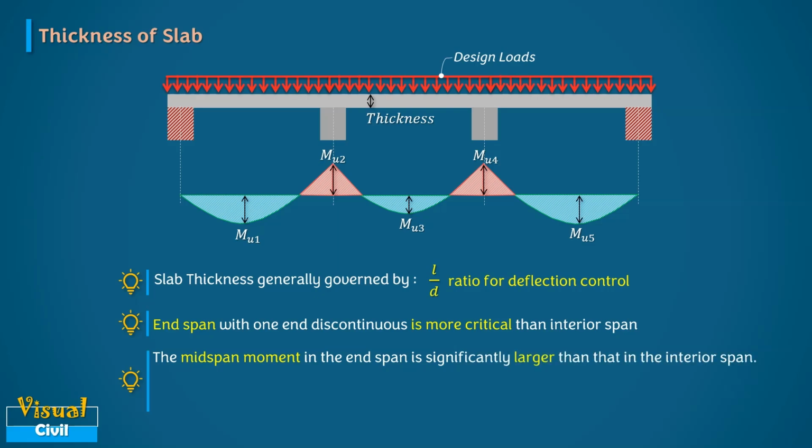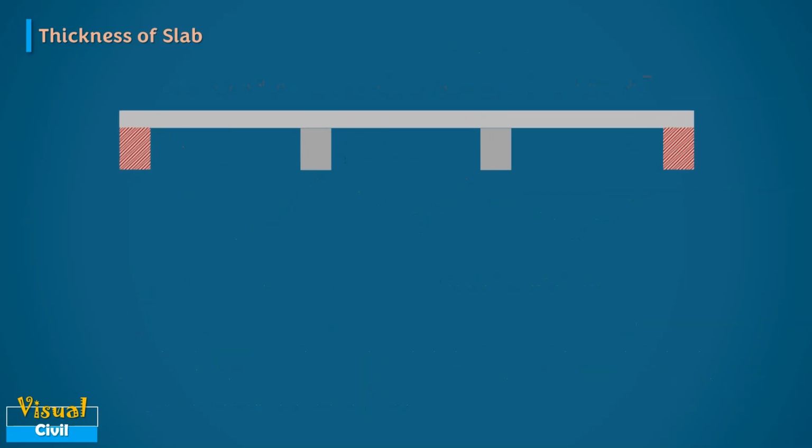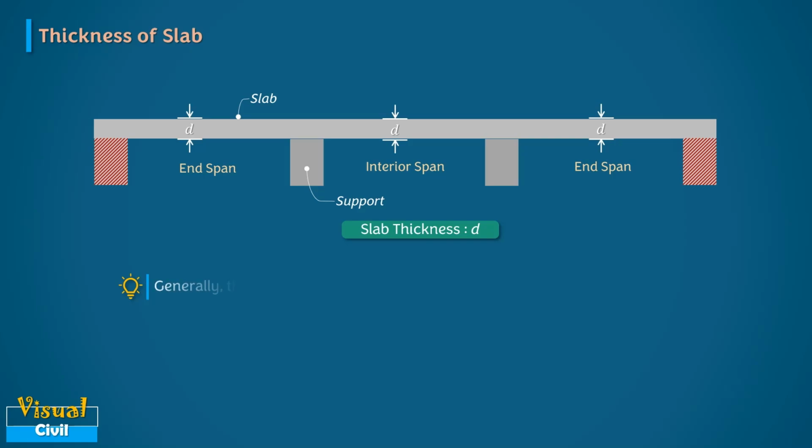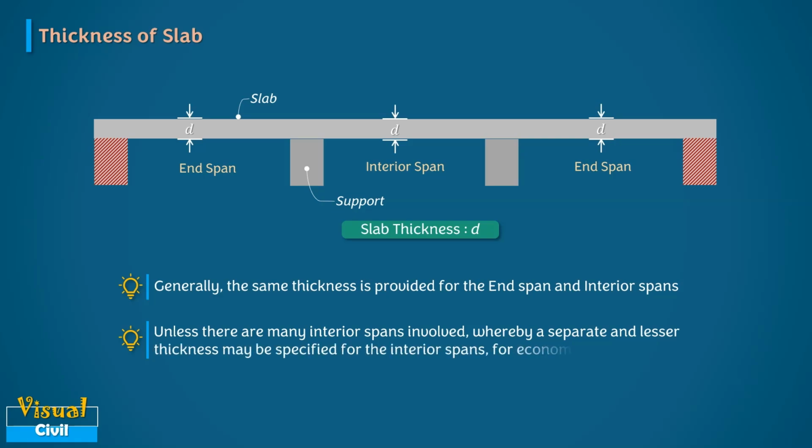As the midspan moment in the end span is significantly larger than that in the interior span, the end span will require a larger area of tensile steel which governs the thickness based on maximum L/D ratio. Generally, the same thickness is provided for the interior spans also, unless there are many interior spans involved, whereby a separate and lesser thickness may be specified for the interior span in the interest of economy.